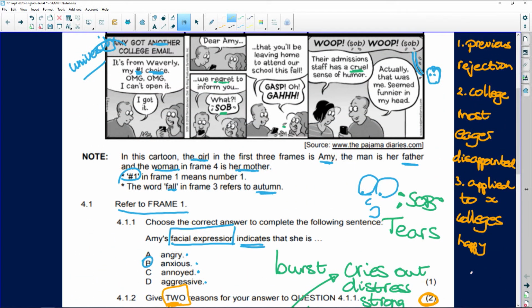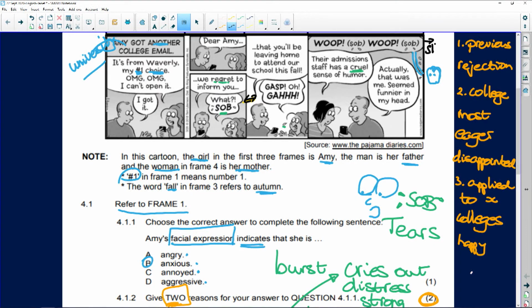You could say the first irony is that Amy believes that she's here in these two frames. She believes that she's been rejected, but in fact she has been accepted by her number one choice. You could also say that it's ironic that she is still sobbing. Now this whoop, you know when you cry and you kind of get your breath, and that's what's going on.